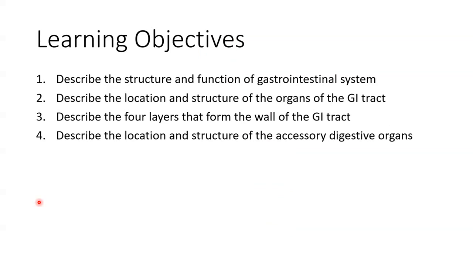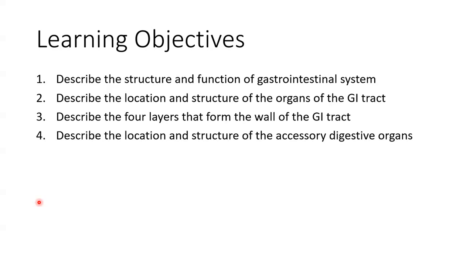So there are 4 learning objectives to cover for the anatomy of the gastrointestinal system: to describe the structure and function of the gastrointestinal system, which will involve looking at the organisation of the system, as well as the 6 basic digestive processes that it undertakes. To describe the location and structure of the organs of the gastrointestinal tract.